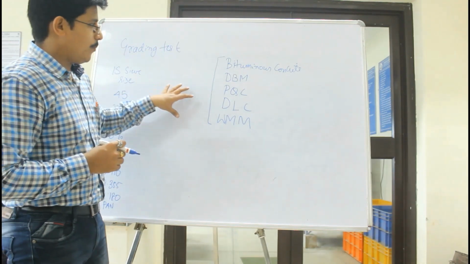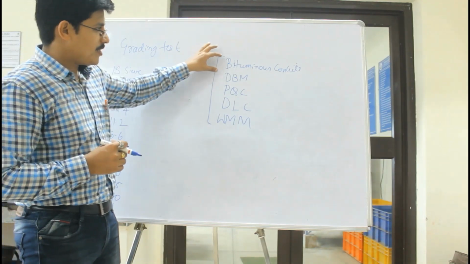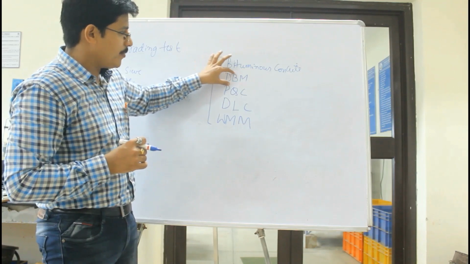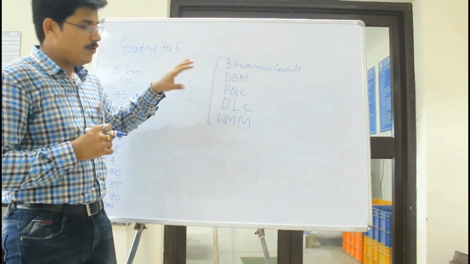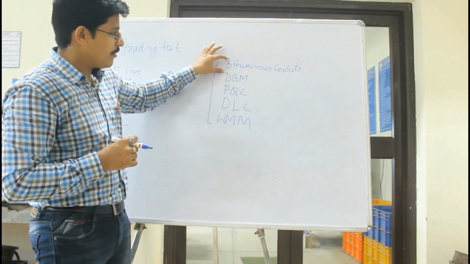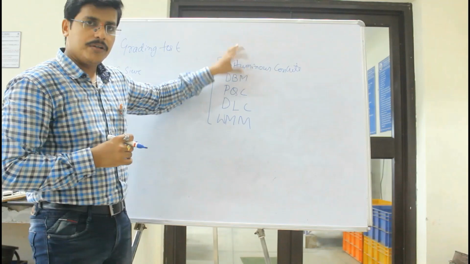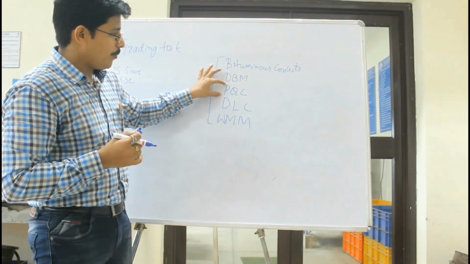Now in the plant mix, at a given site, we won't produce a bituminous concrete grading directly. Similarly, for a DBM grading, we won't produce a particular grading from the plant. What we will do is mix different aggregates and develop the grading for DBM. Similarly, we mix different aggregates and develop the grading for PQC.